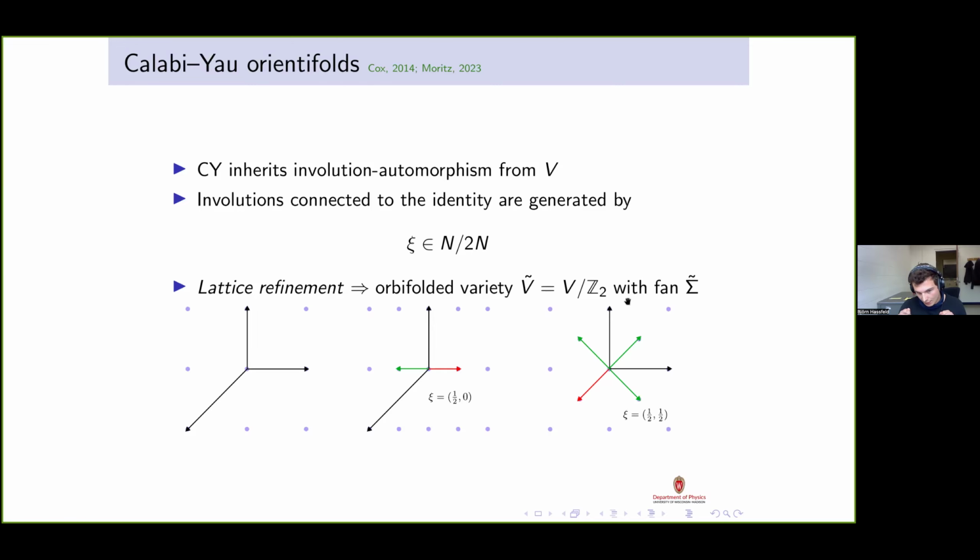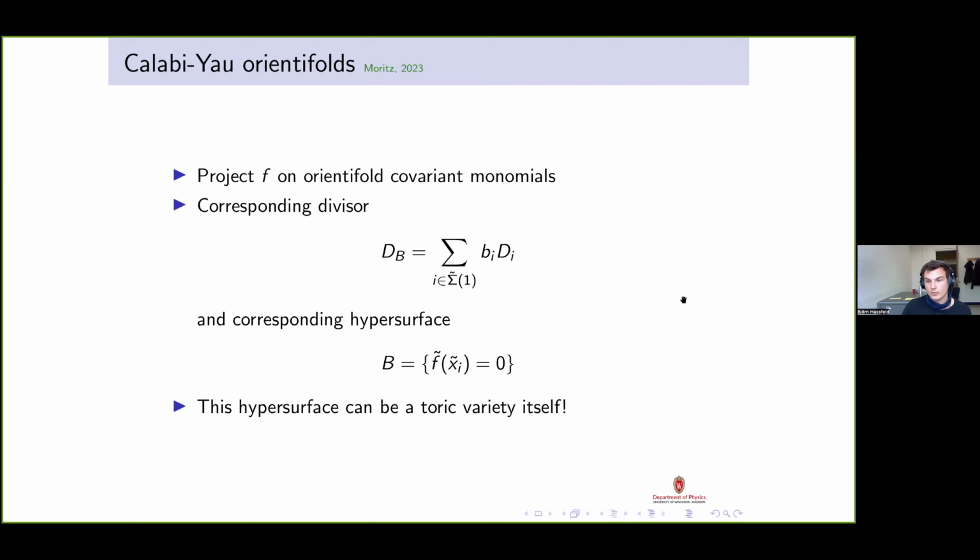That means sometimes you have to shorten your lattice generator. Sometimes you have to add new ones, so your fan can look a bit different after you do that. But there is a systematic way of doing this to construct a toric variety orbifold V-twiddle with an associated fan sigma twiddle. And of course, you can also study that effect on the Calabi-Yaus.